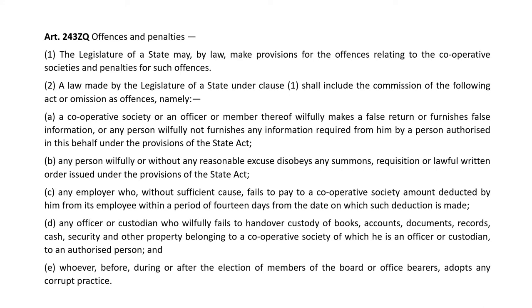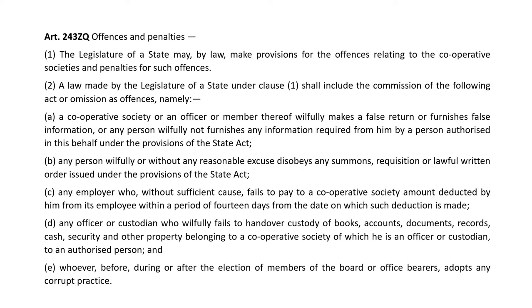Any person wilfully or without any reasonable excuse disobeys any summons, requisition, or lawful written order issued under the provisions of the State Act. Any employer who, without sufficient cause, fails to pay to a cooperative society amount deducted by him from its employees within a period of 14 days from the date on which such deduction is made.